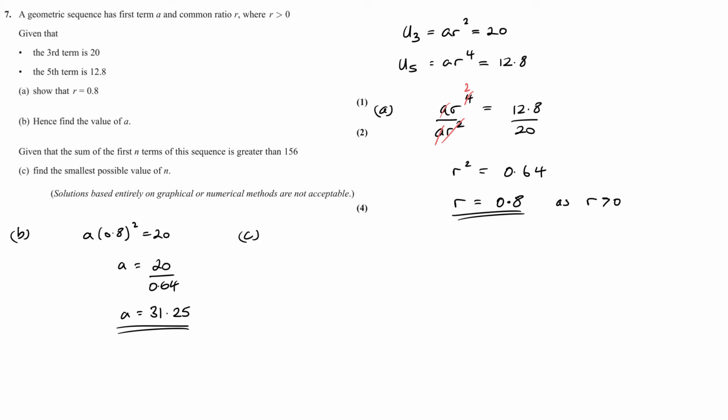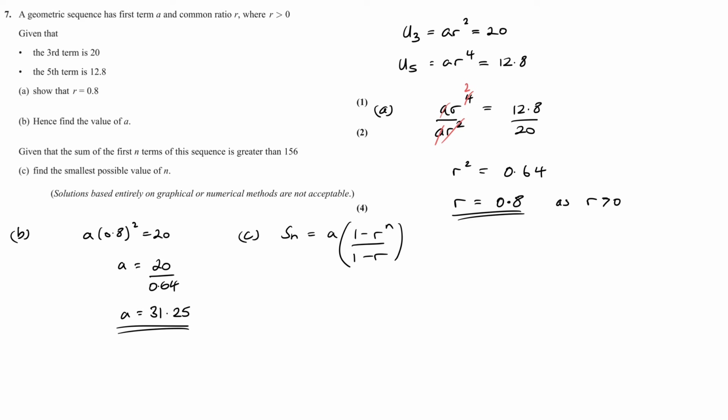So part C, we're looking at a sum. So the sum to n terms is a brackets 1 minus r to the n over 1 minus r. And what we want is when this is greater than 156.